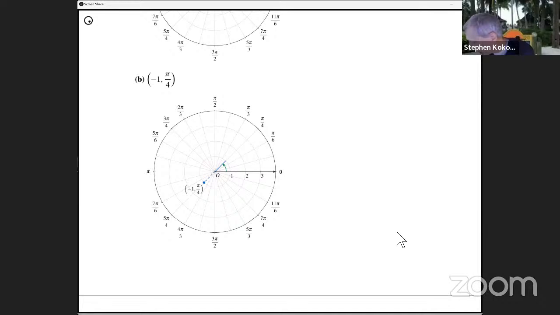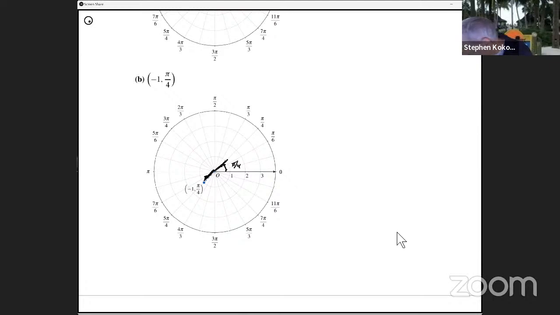The very first thing I did is I measured this angle, pi over 4, and drew a terminal line for that angle. But wait, r is negative, so I have to draw this other line here, 180 degrees from that, in the other direction, and I go out 1 unit along this line, and there's minus 1, pi over 4.